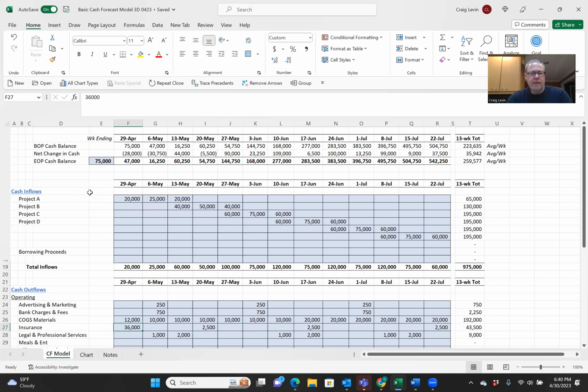Something that I'm showing in every week here is the cost of goods, materials, or in your case, in a cannabis retail store, the cost of goods of the cannabis inventory that you buy.